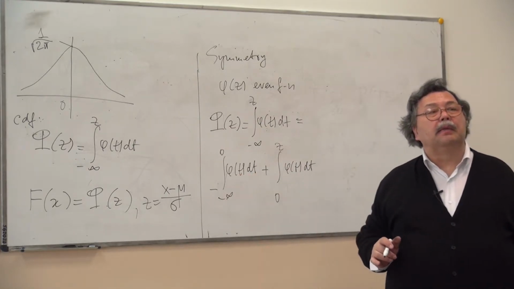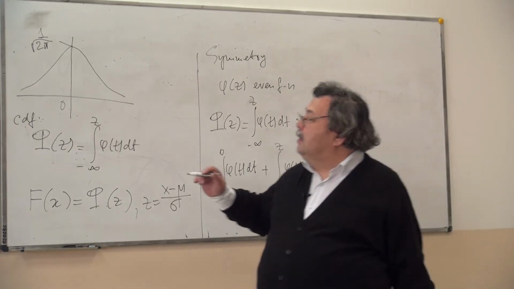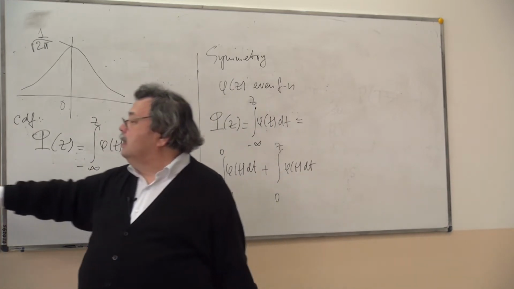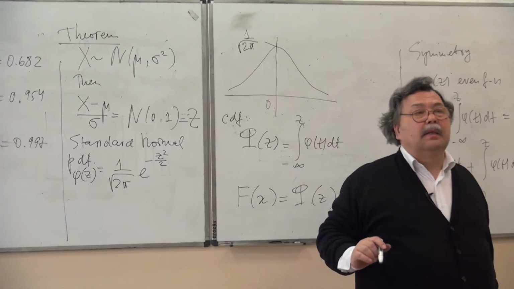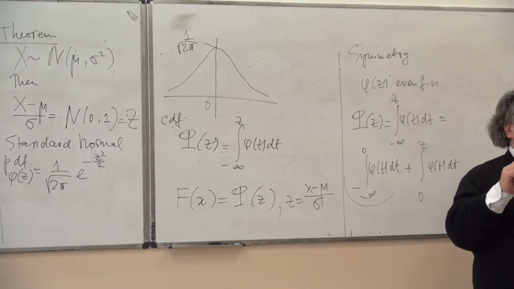Now, because little phi is an even function, and because the integral from negative infinity to positive infinity of this is 1, this integral here is just 1/2 of 1.